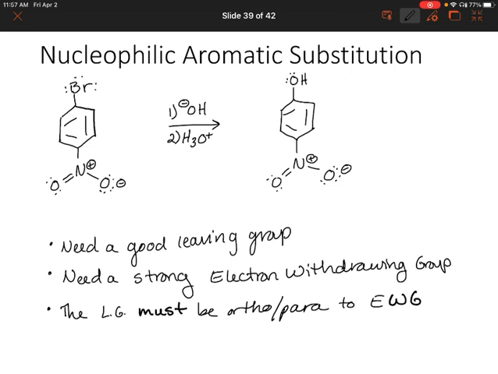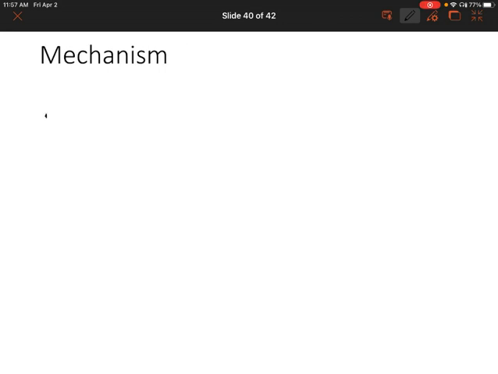Okay, so let's go over the mechanism for this reaction. So let's start with that same starting material that we saw on the last slide. And I'm going to draw NO2 out just so we can see where electrons are moving.